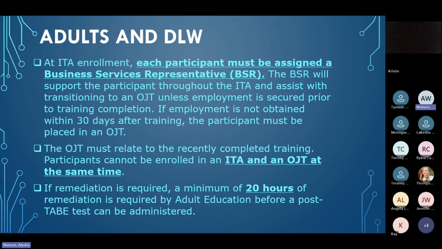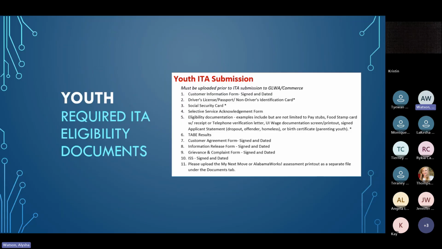If they have not found employment within 30 days after training completion, they are to be enrolled into an OJT, which is on-the-job training, for adults and dislocated workers. Also, if they take the TABE and need to remediate, they have to complete 20 hours of remediation. Again, this is for adults and dislocated workers.